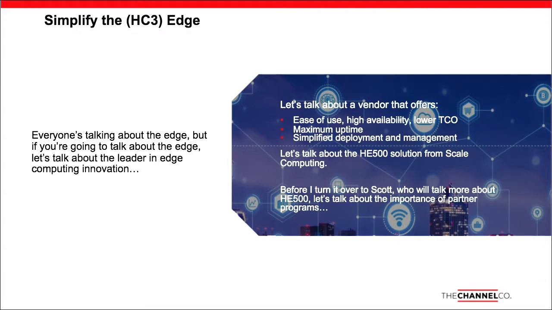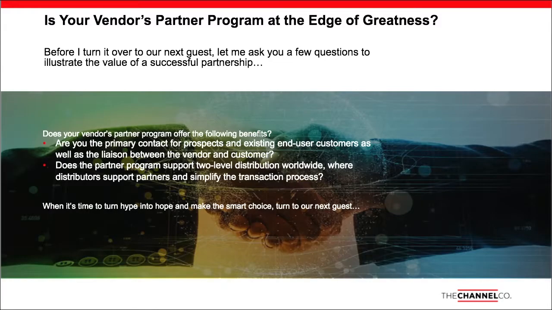When we talk about the HE500 solution for Scale Computing, which Scott's going to cover in a few minutes, I want to talk first about the power of a strong partner program. When you're looking at the vendors offering this technology with their solutions, the solutions are the solutions, but the partner program can sometimes be the difference maker. Look at the one you're working with now.